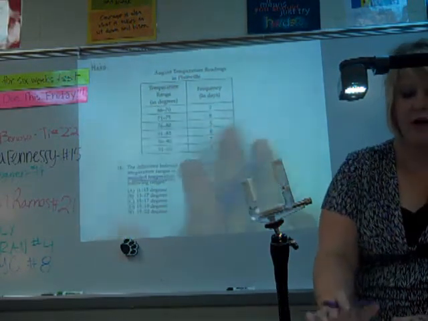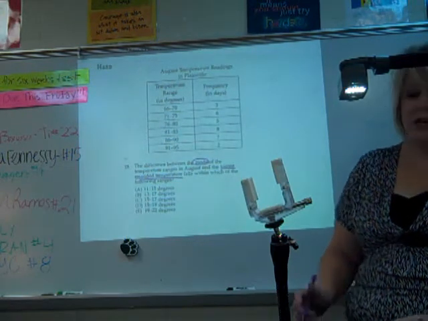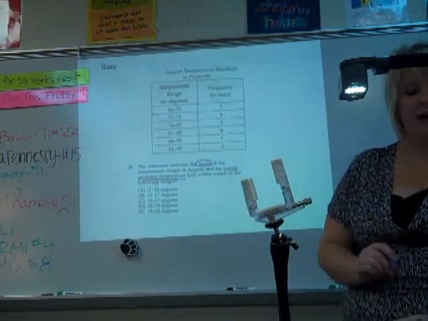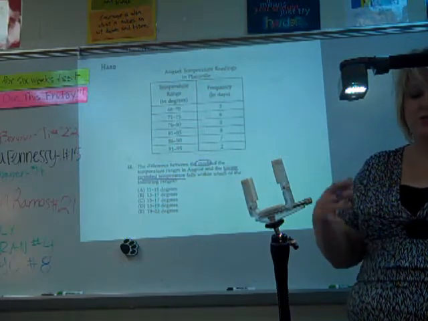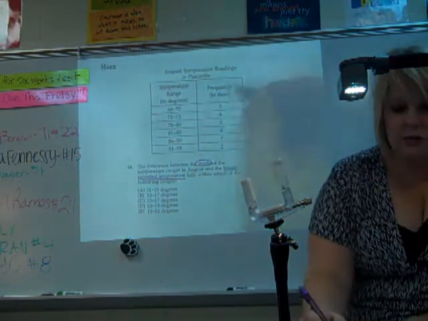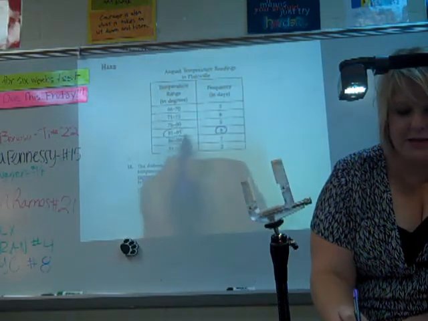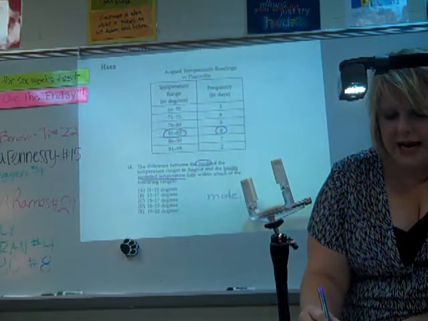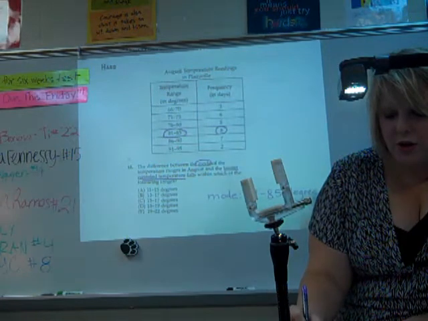This is what we call a frequency chart or a frequency distribution chart. What this is showing you is how many times the temperature was in that range. So when you look for the mode, which range happened the most, you look at the frequency. The one that happened 8 times is the mode. So the mode is 81 to 85 degrees. That's the range that occurred the most.